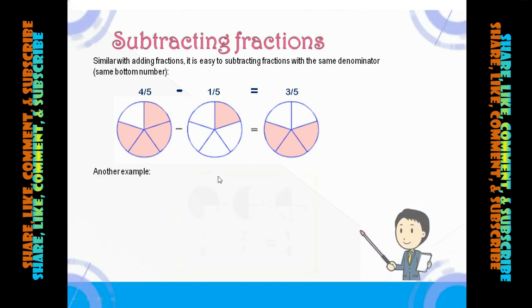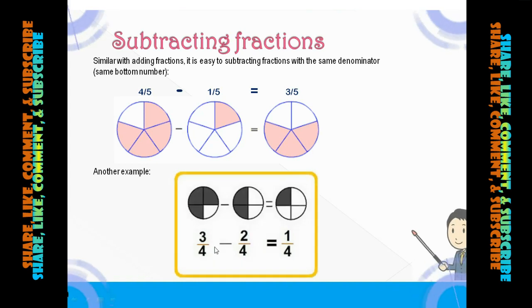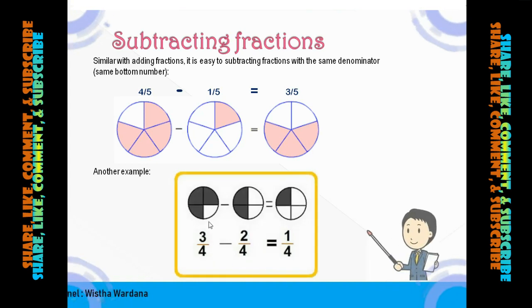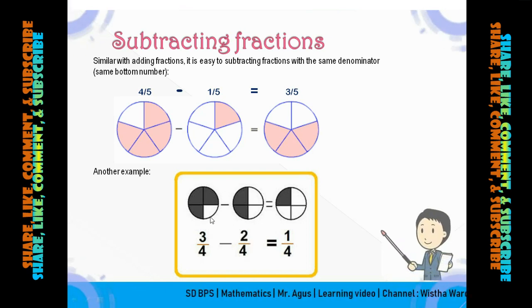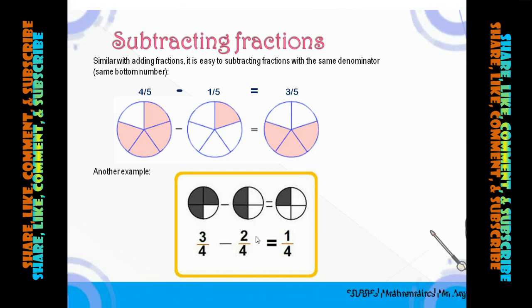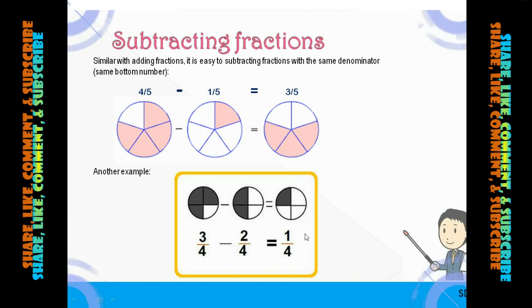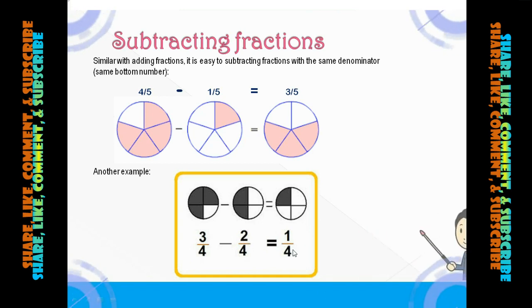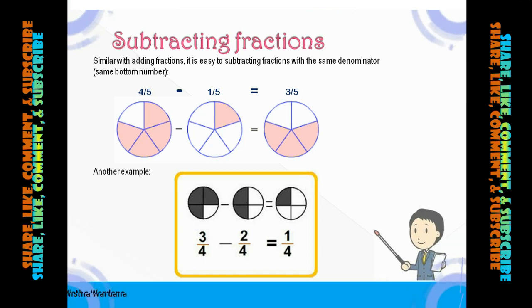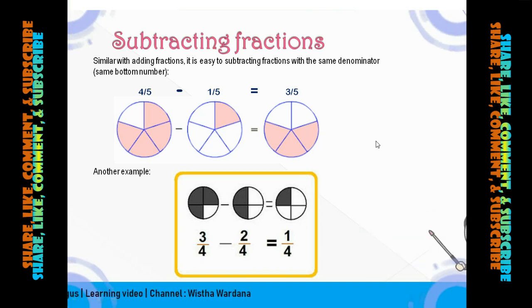Another example. 3 per 4 minus 2 per 4. We have two like fraction here. So, the answer will be so easy. 3 minus 2 is 1. So, the answer is 1 per 4. I think all of you already understand this one.